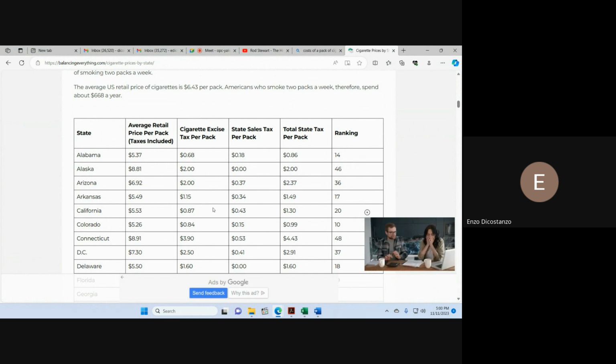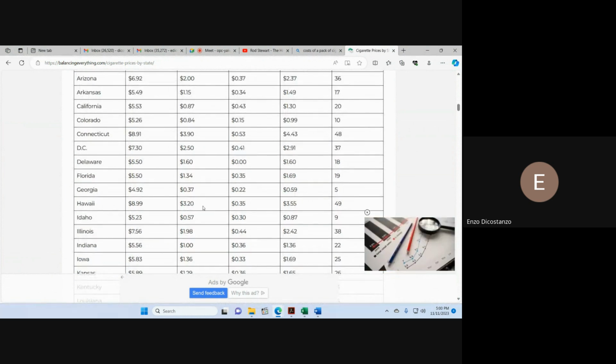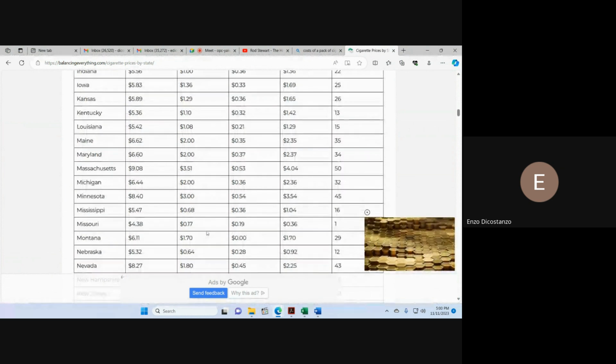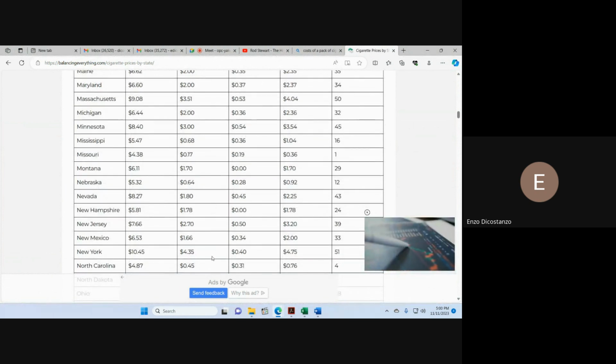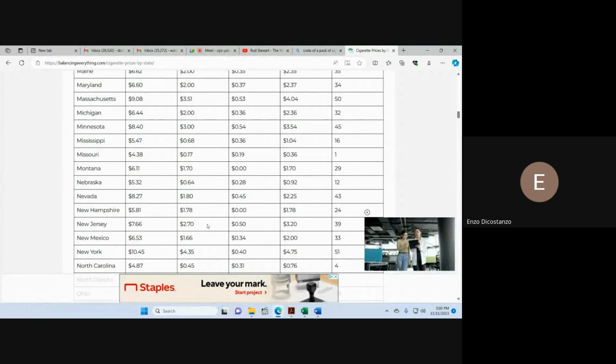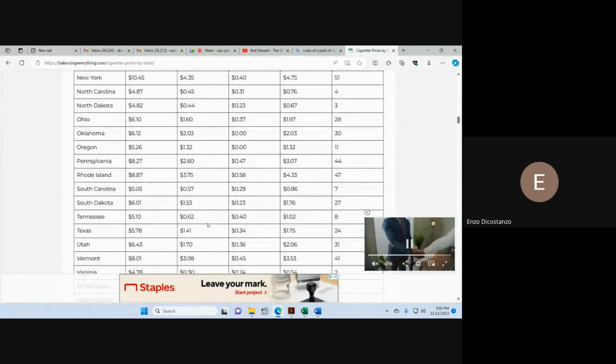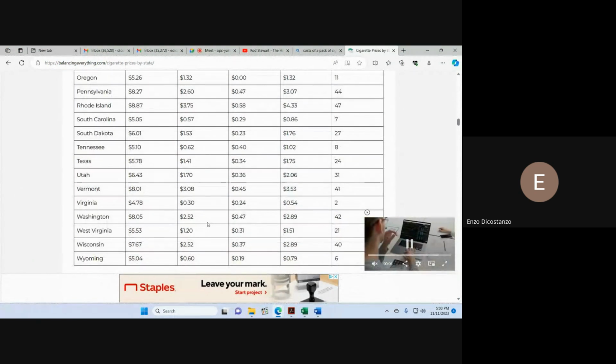It's really the excise tax. That's sort of the penalties. Hawaii $3, Maine $2, Massachusetts $3.51, New York $4, New Jersey almost $3. Pennsylvania on its way to $3. And then Virginia very low. So again, Virginia's low across the board.